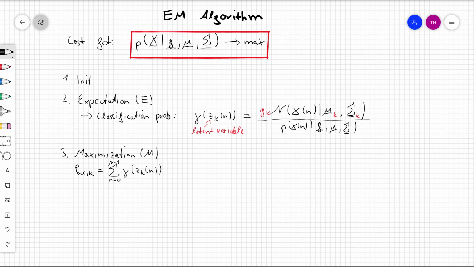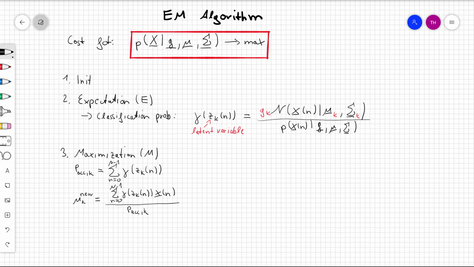And when we have that helping quantity, we can look at our equations, and our mean update is then the sum over n of gamma of z_k of n times our feature vector at time instance n, and this sum is then normalized by our helping quantity.